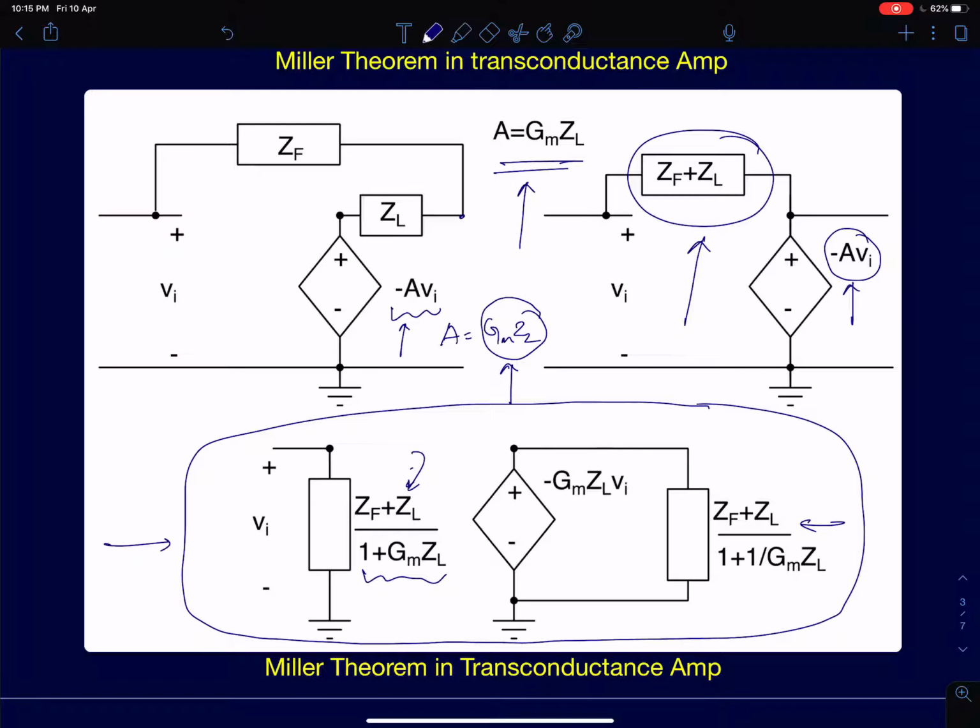So the output voltage has to depend upon what you connect across the load. When you apply Miller's theorem, you will see that the gain and the input impedance seen at the input both will be functions of the load resistance, which was not the case when you had a dependent voltage source. So this is the main difference between transconductance and voltage amplifier models.